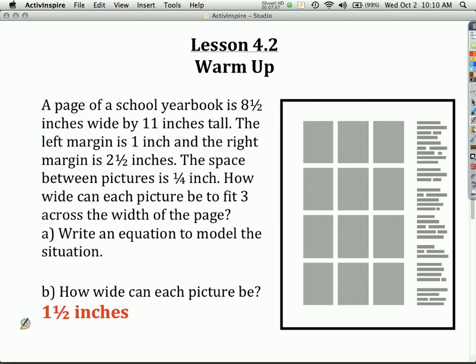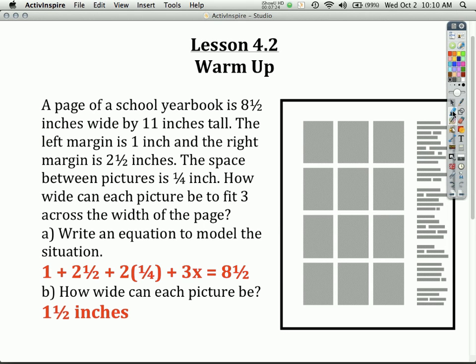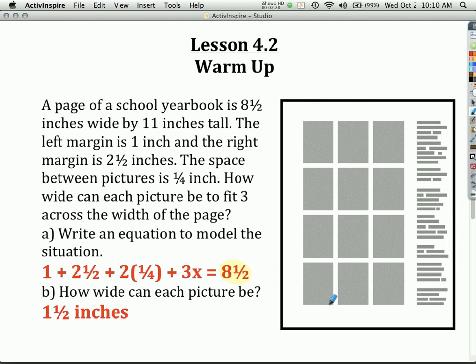Now, what equation could you have used to do this? There are quite a few different ones, but they all come from the same basic information. So here is one form of the equation. Let's go over the pieces. First of all, could someone tell us what that is?